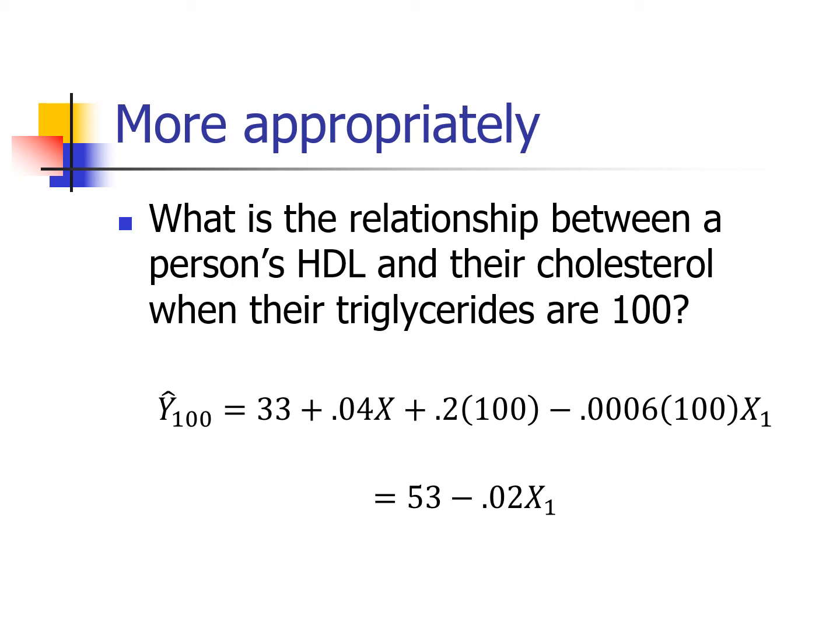So we combine our like terms. Our y-intercept becomes 53. Our slope becomes negative 0.02. And so we say for patients who have triglycerides of 100, the relationship between a person's HDL and cholesterol is quantified by a slope of negative 0.02.